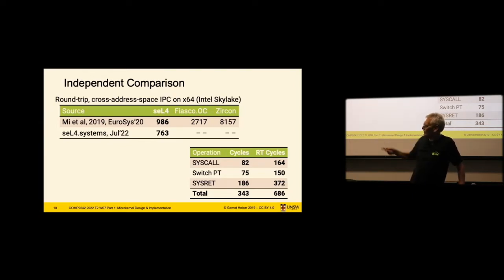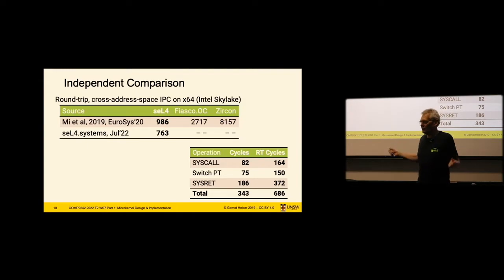I need to check that number. That seems too high. But basically, it's a significant cost, and then switching. I think the two are swapped. Sorry about that. This comes from just putting new information into the slides, right? The 75 is the return from the kernel, and the 186 is the cost of switching page tables. Very expensive operation on the Intel architecture. So these three are things you have to do, right? You have to trap into the kernel, you have to get out of the kernel, you have to switch page tables.